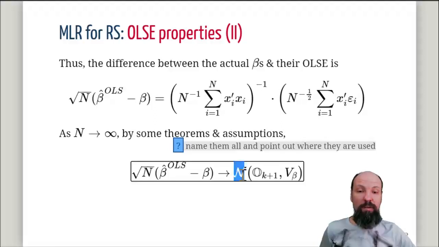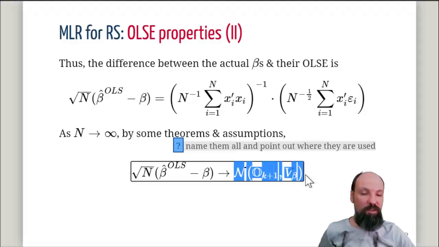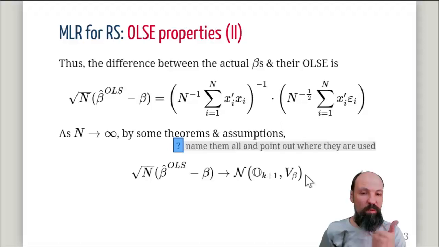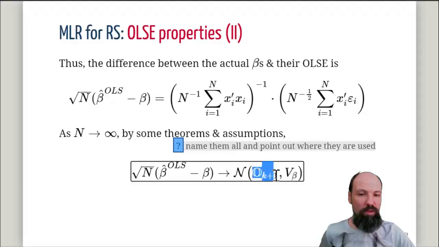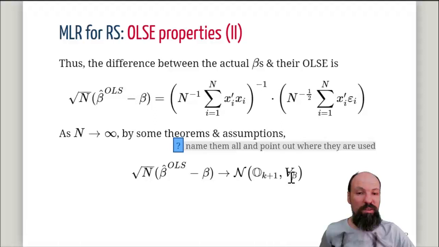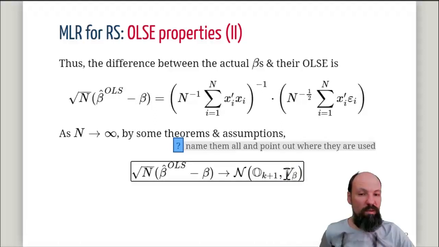As a result of the combination of all those theorems and assumptions together, but most importantly the law of large numbers, the central limit theorem, and IIDness of observations, we get this. The difference scaled by the square root of n converges to a normal distribution with zero mean. Why zero mean? Because of consistency, because this difference converges to zero when n is infinite. And with some unknown, because it depends on the true beta, but constant and a very legitimate covariance matrix.